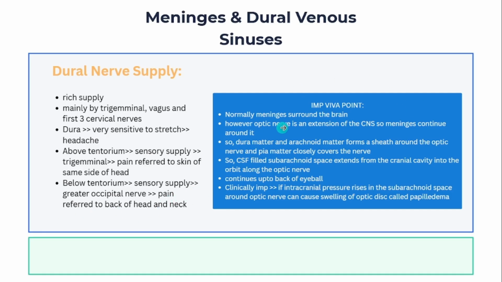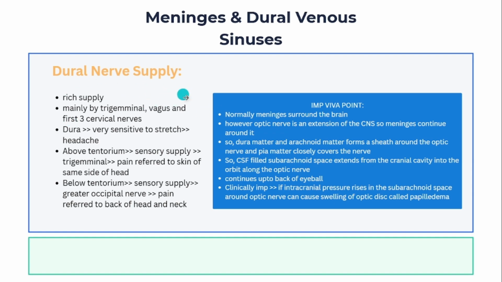Now an important viva point over here is that normally the meninges surround the brain, but this is the brain over here, and the optic nerve is basically an extension of the CNS toward the eyeball. Like in cartoons, you sometimes see the eyes come out of the brain through the optic nerve.